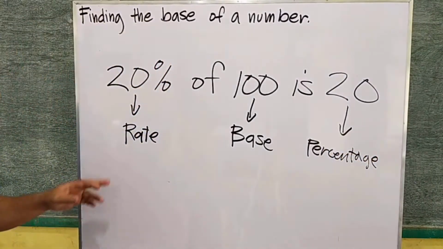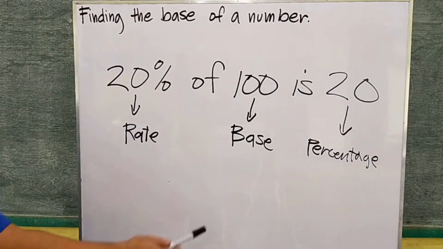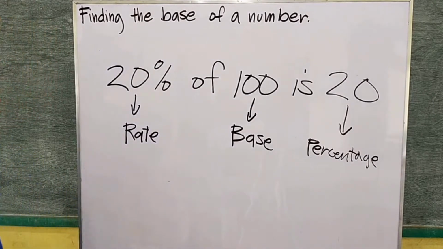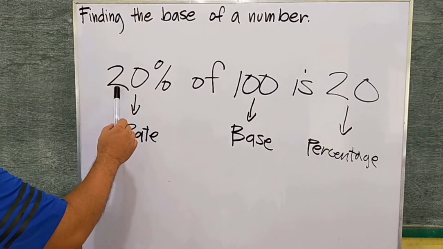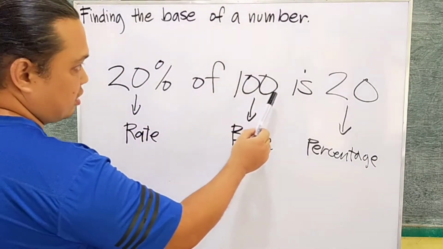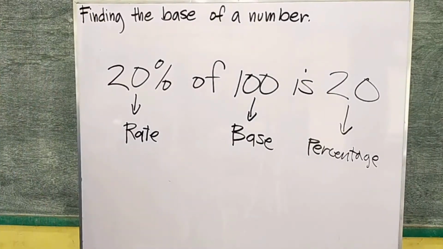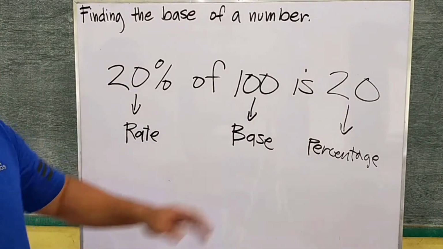So rate, base, and percentage. Now talking about the base: 20% of what number is 20? And that is 100, because we are looking for the base.